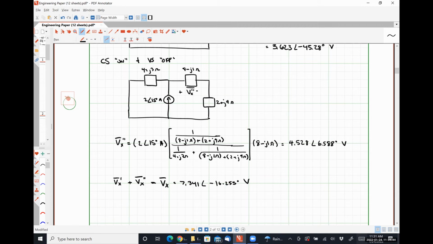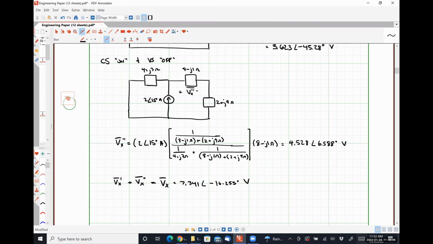All right. So when I add these guys together, 3.623 and 4.528, don't make that, right?